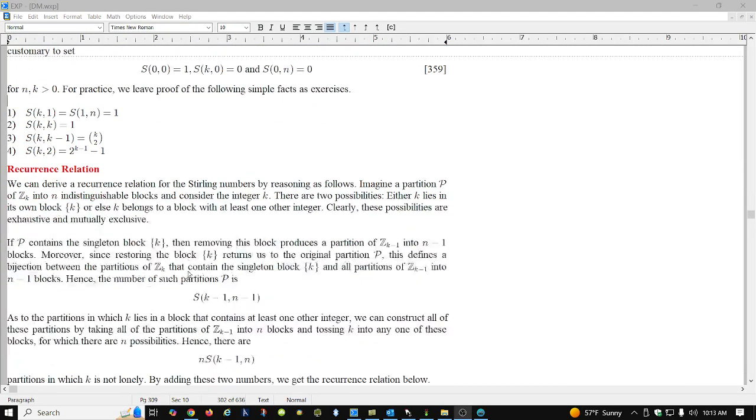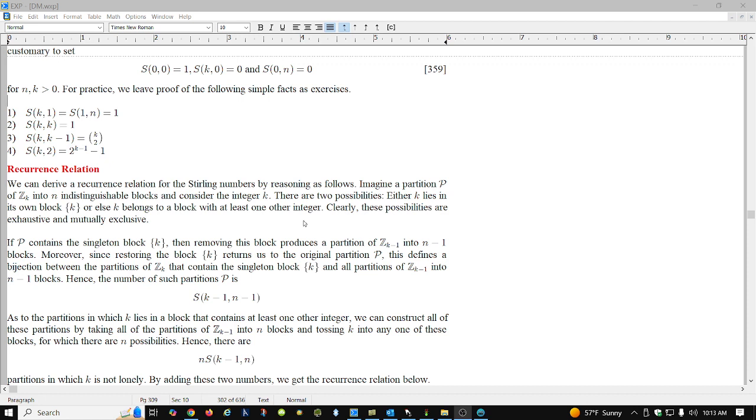Okay, there is a recurrence relation for these Stirling numbers. I'm not going to keep saying of the second kind, because these will always be of the second kind in this video. So we can reason out this recurrence relation as follows. Imagine a partition P of Z_k into n indistinguishable blocks.